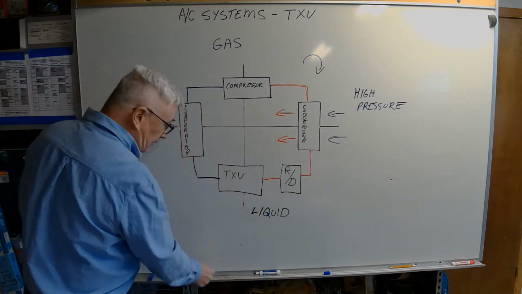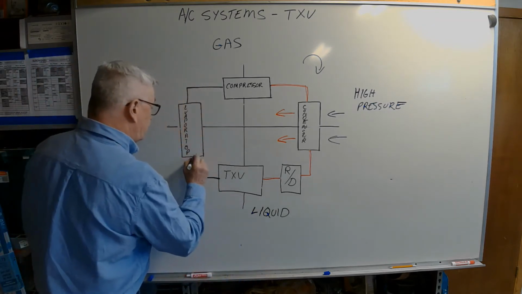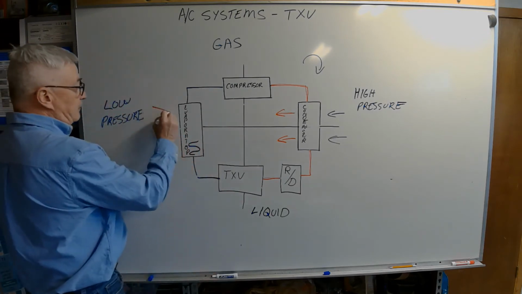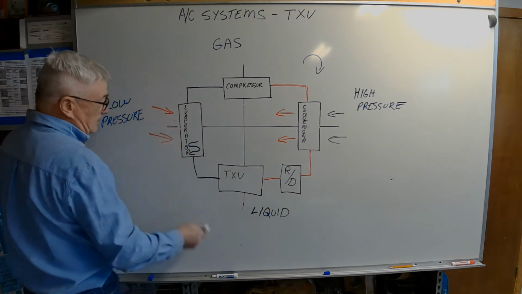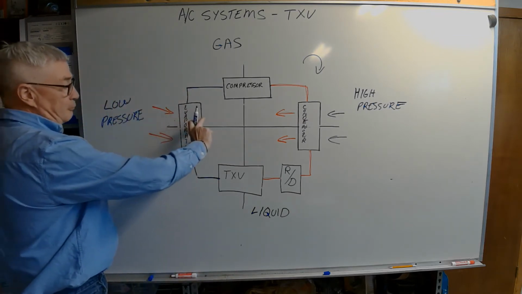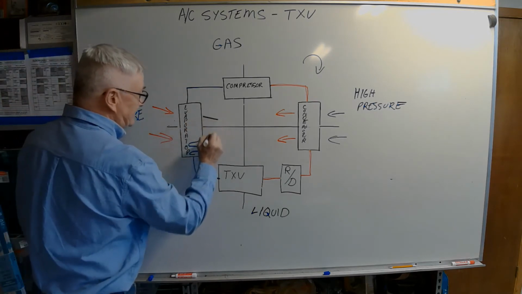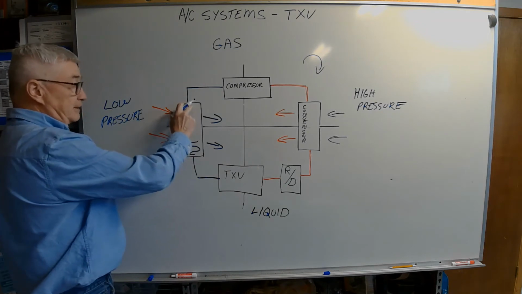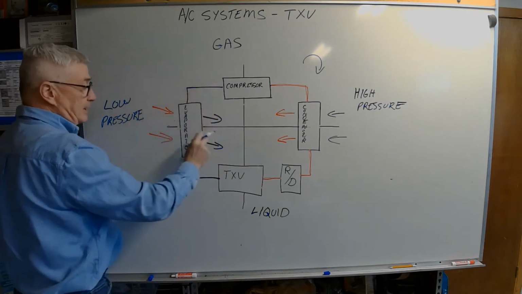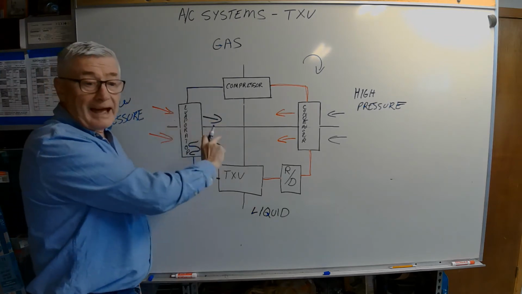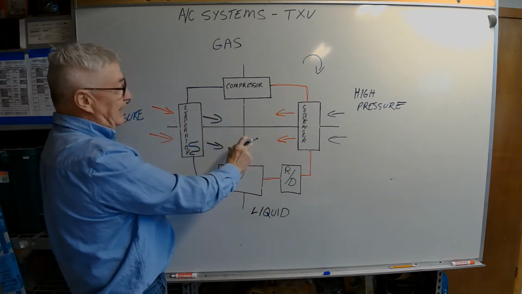So we're going to have liquid moving through here, and as it uses some of the heat that's coming in from my blower fan over the evaporator core, that heat will be absorbed into the refrigerant and move up into my compressor, and what we are left with then is cool air, or lack of heat air, coming into my cab.